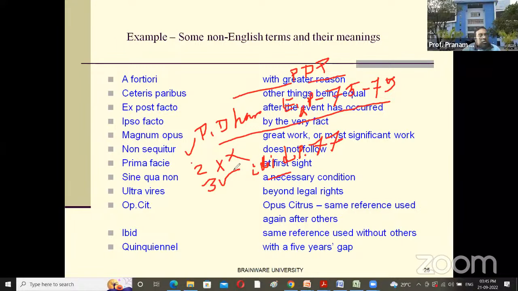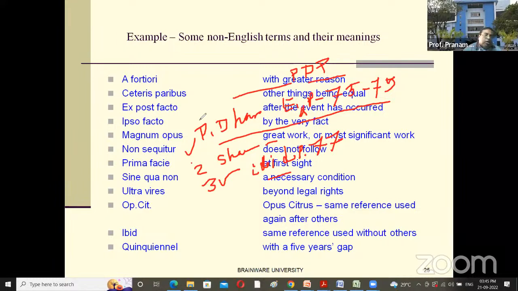But suppose in page 2 you have placed one reference from suppose Sarma such and such, there is a different reference.